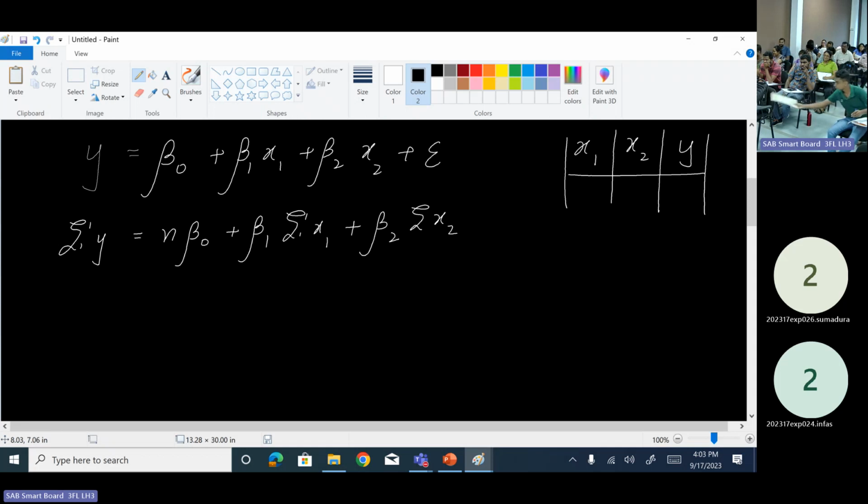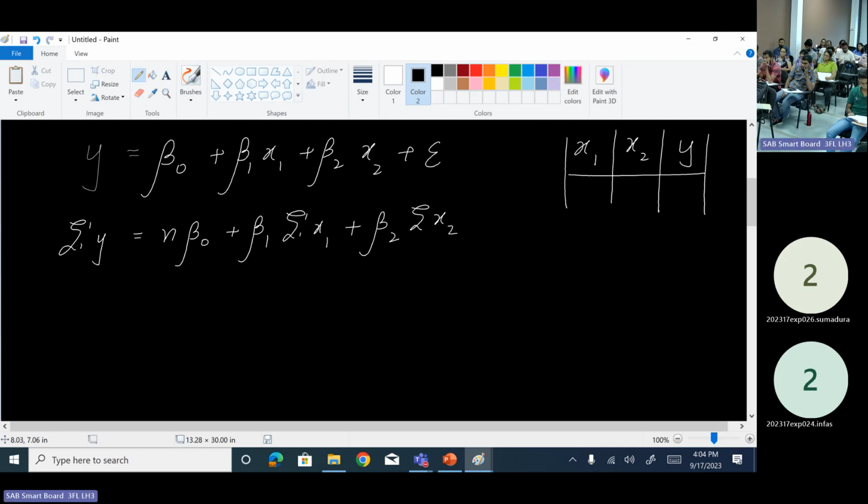Then how do we get the second equation? In the earlier case, we summed up as it is and got one equation. For the second equation, we multiplied by x. x was the predictor variable. Now how many predictor variables do we have? Two.